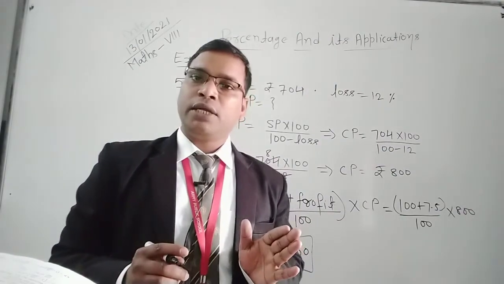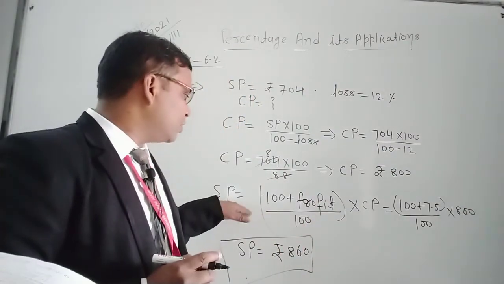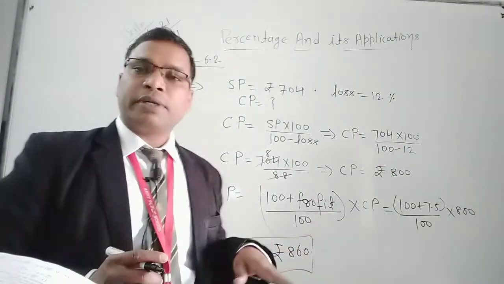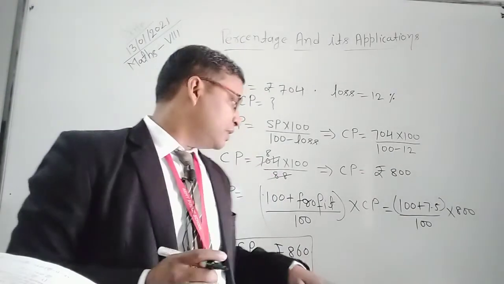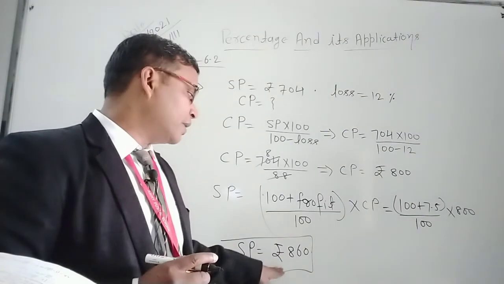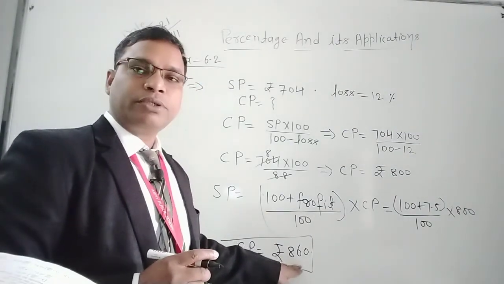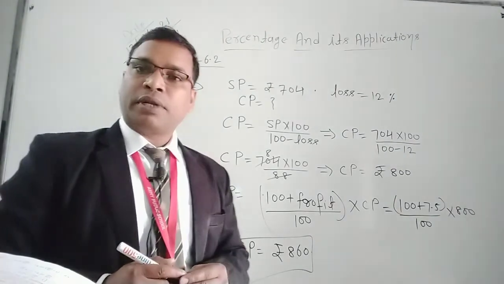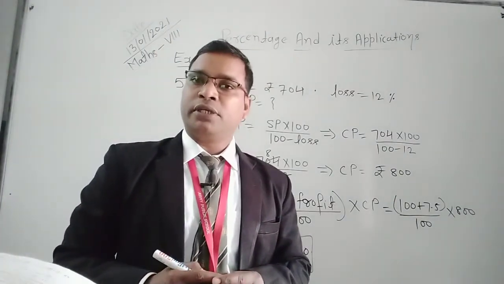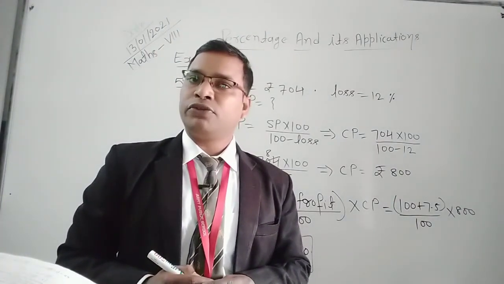So here you find the new selling price of this bag when the shopkeeper gets 7.5%. So you can see the new selling price of the bag is 860 rupees when the shopkeeper gets profit 7.5%. So student, I hope all of you understood this question.